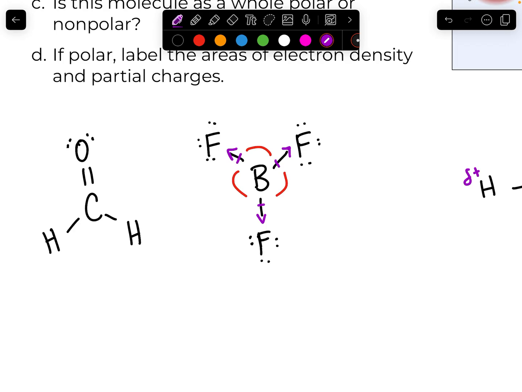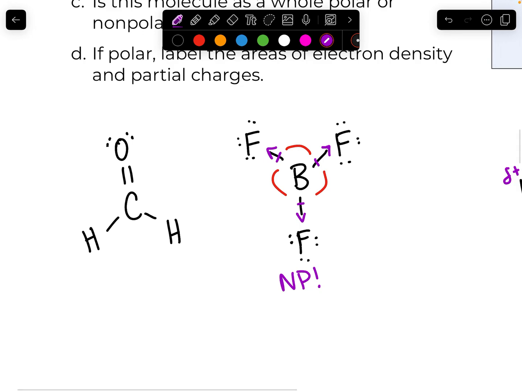The angles between those fluorines are exactly the same, which means it is a perfectly symmetric molecule. And these polar bonds will cancel each other out since they're pulling electrons in equal and opposite direction, meaning this is a nonpolar molecule overall. So again, with trigonal planar, we also have to look at symmetry to justify polarity.